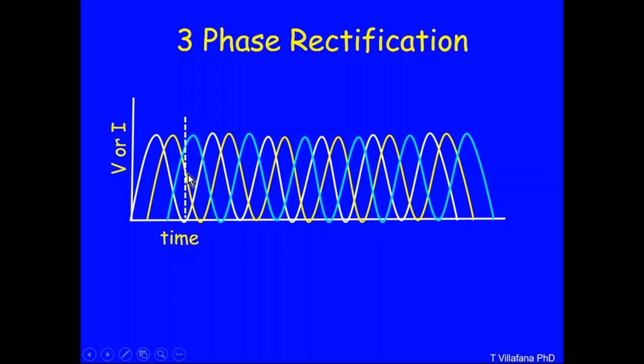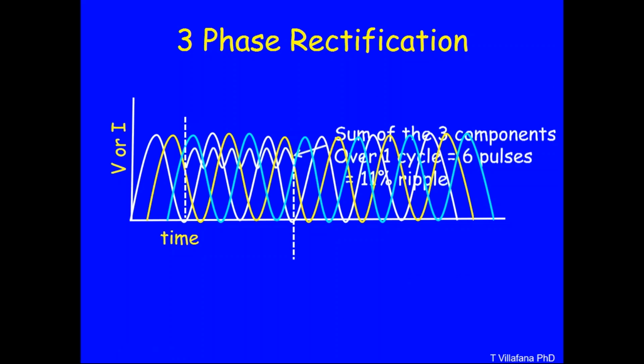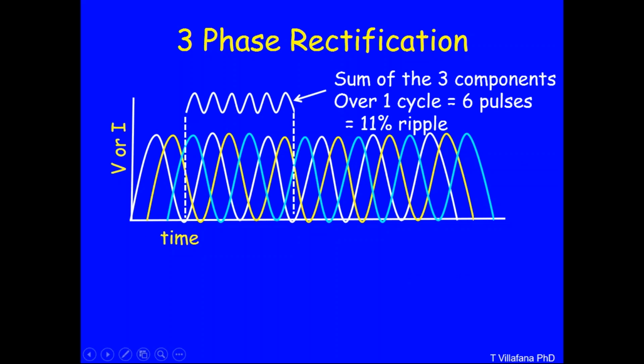I've indicated the white one over here where it begins. Let's see what happens when we add all these up. When you add all these up, you will get consistently high, but notice nothing goes to zero.